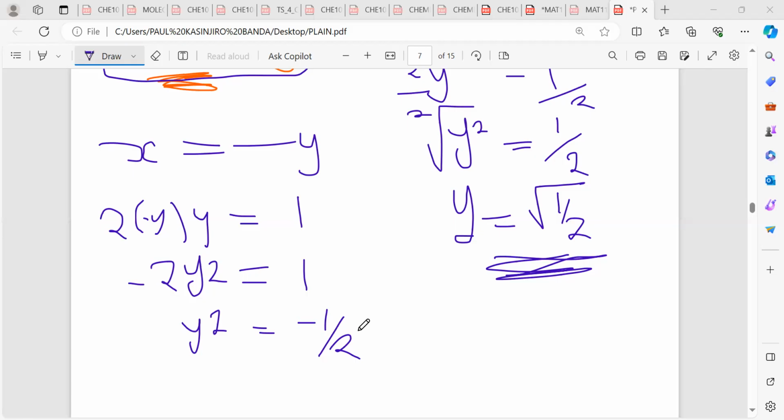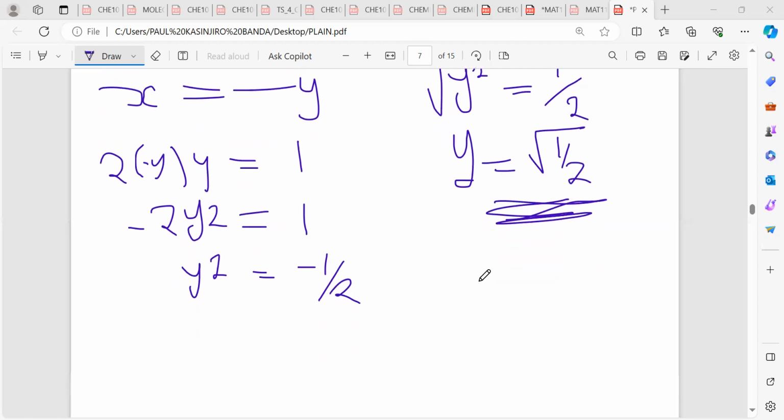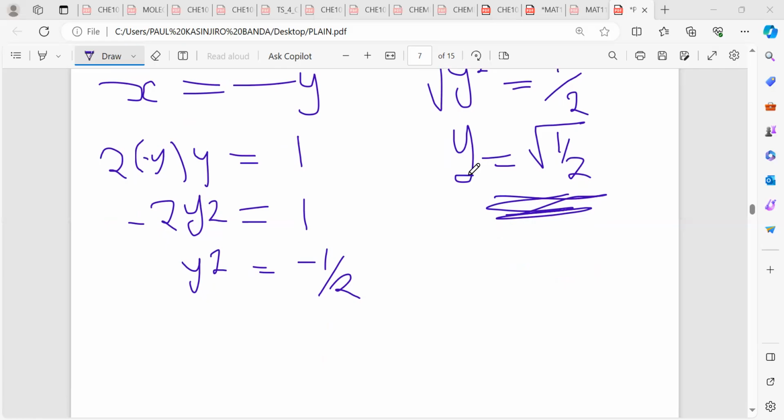Hello? Yes. Okay, so I was explaining that you can't find the square root of a negative number, meaning the only one that will work here is when x is equal to y.